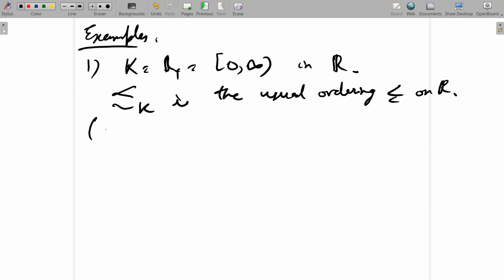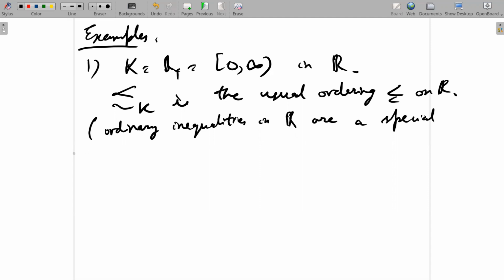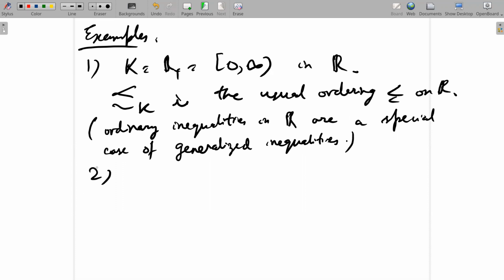So ordinary inequalities in R are a special case of generalized inequalities.